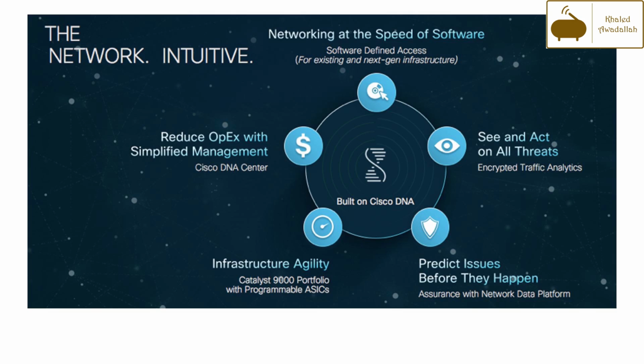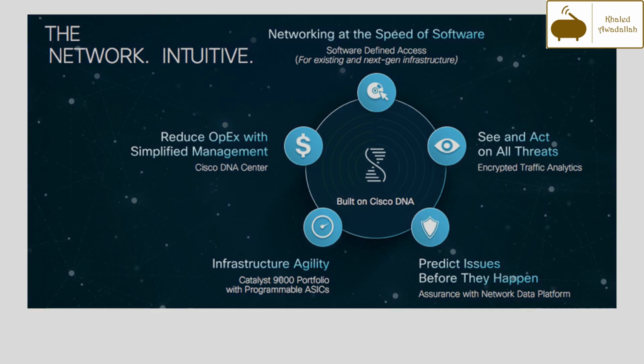But Cisco focuses on Cat9K, which we will talk about later, because they are suitable for DNA. Their programmable ASICs can support almost all features of Cisco DNA with the proper license. According to Cisco, because of all these features, it is anticipated to decrease your operational cost by a good amount.